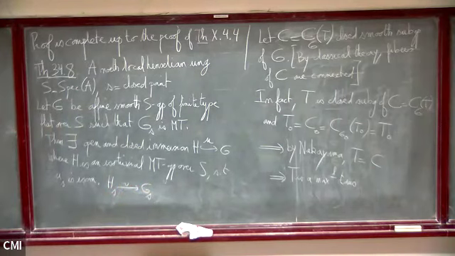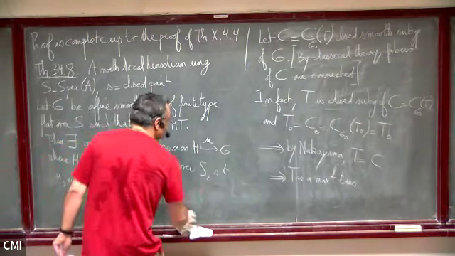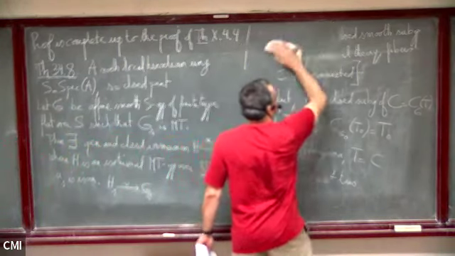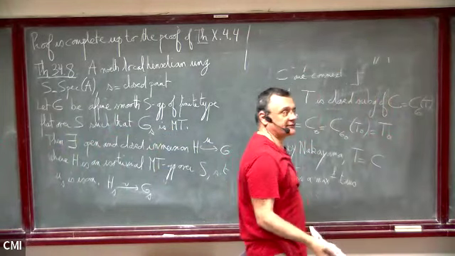Okay, so this is a change of notation, because now the G is the H of the previous proof.